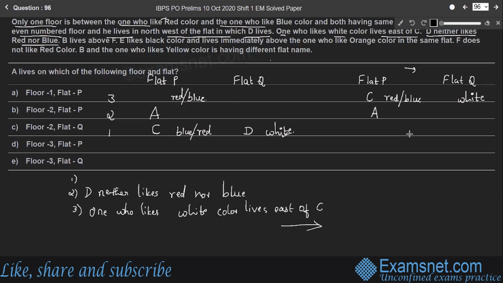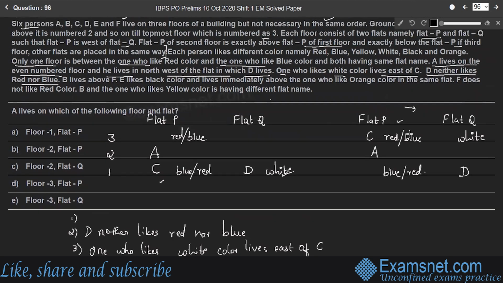A lives on second floor in flat P and one who likes blue or red color lives on first floor and D lives in flat Q of first floor, right? Remaining things will be as it is. Only thing is the position of C changes. So in first case, C lives on first floor. In the second case, C lives on third floor, right?